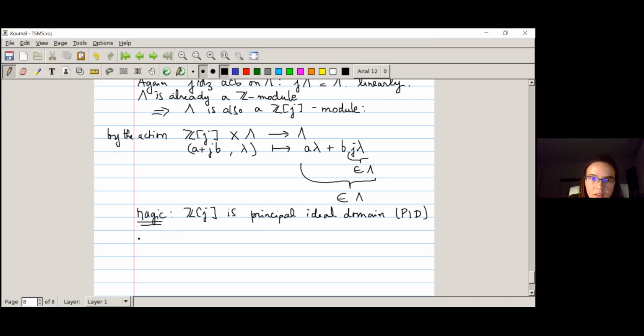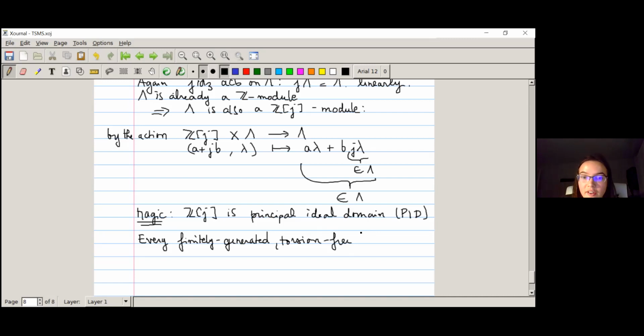Because every finitely generated, so it has a finite basis, just like lambda. Finitely generated has a finite basis. Torsion free, so if you sum an element many times, you never get 0, and it's the same in lambda. If you are in a lattice and you take one vector and you sum it to itself a lot of times, you never go back to 0, you go very far in one direction. So lambda is torsion free.